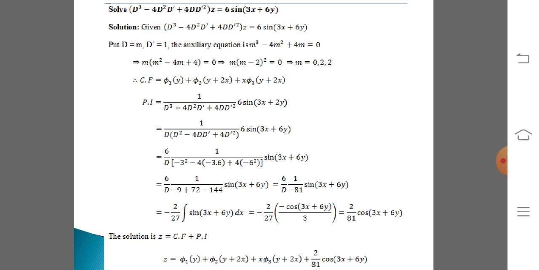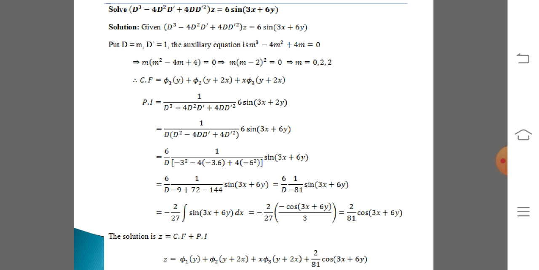So here you put d square equal to minus a square, that is minus 3 square, d dash square equal to minus 6 square, and d dash equal to minus ab, that is minus 3 into 6. If you use these substitutions in the particular integral, you get pi equal to 6 by d into 1 by minus 81 into sine of 3x plus 6y.